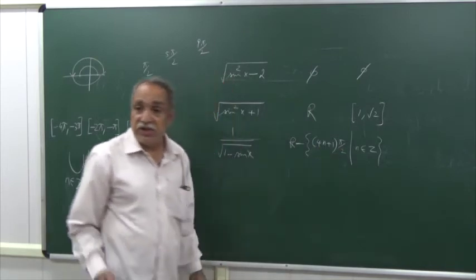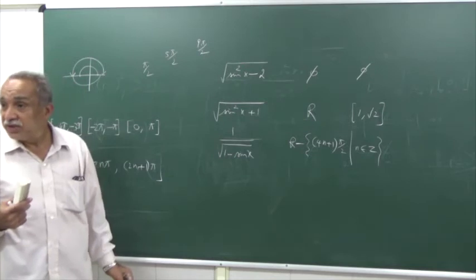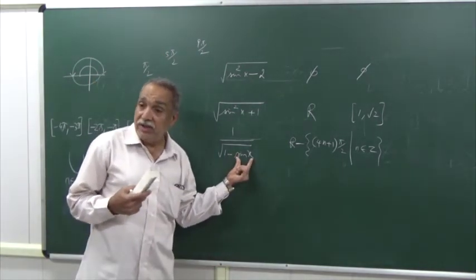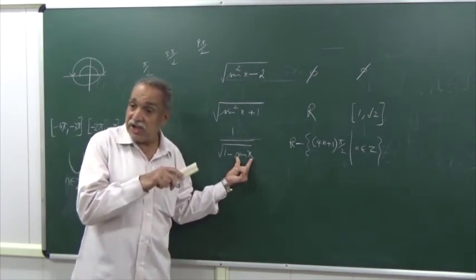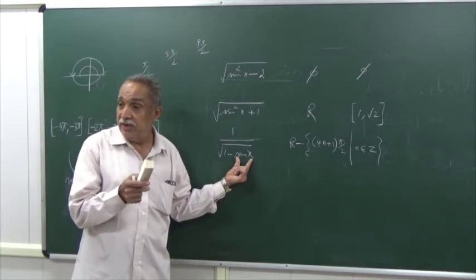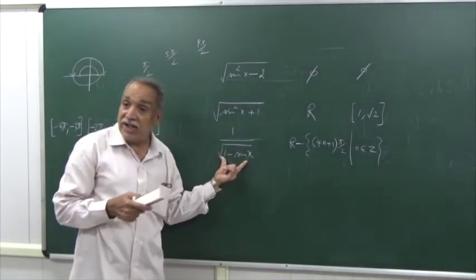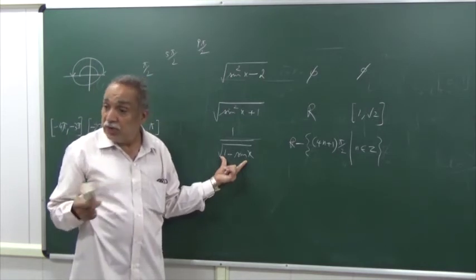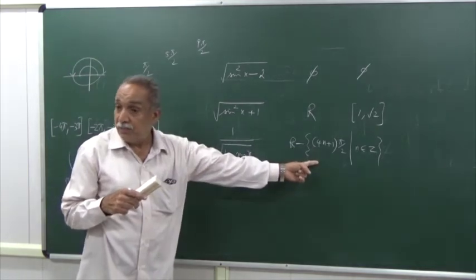Next, what is the range? Sin x takes a value between minus 1 and 1. Now, in this case, 1 we have excluded. So, 1 minus sin x takes a value between 0 and 2, 0 excluded. We have removed the points where this becomes 0.